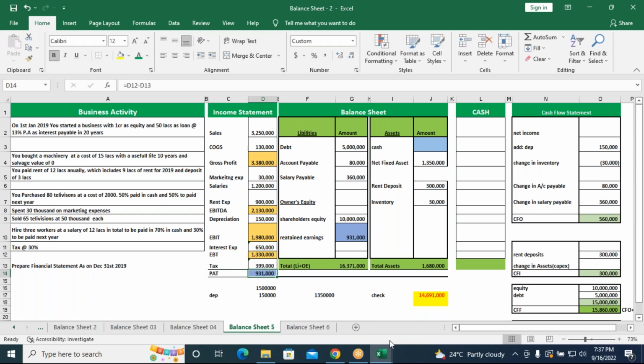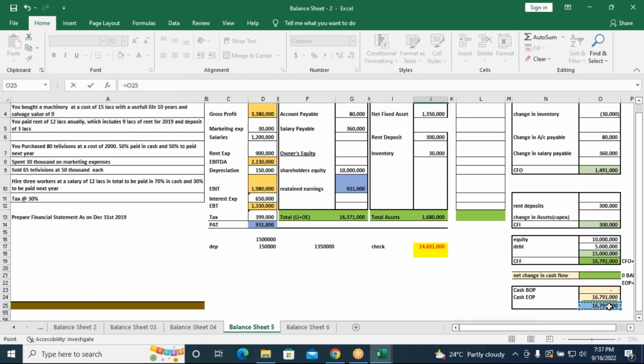So 30%, it will be this much. So retained earning. Here net earning will be equal to retained earning profit. Here it will be equal to 10,000.